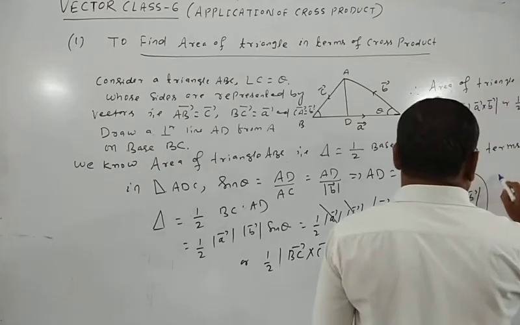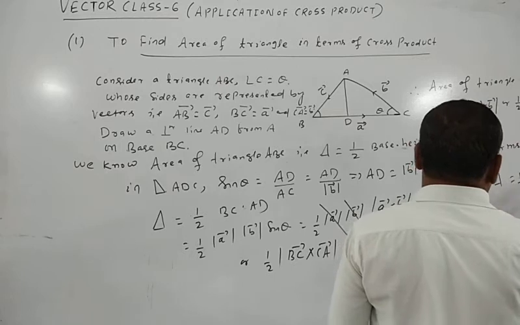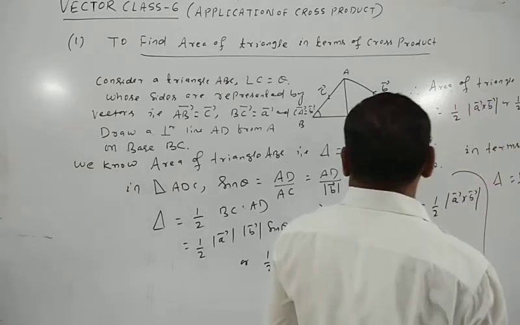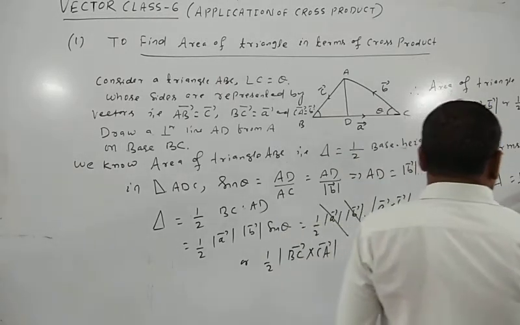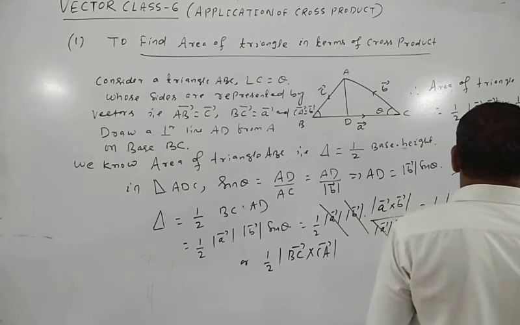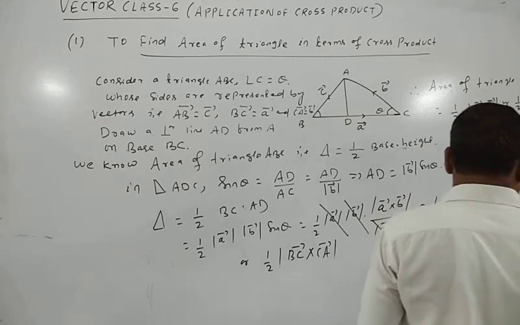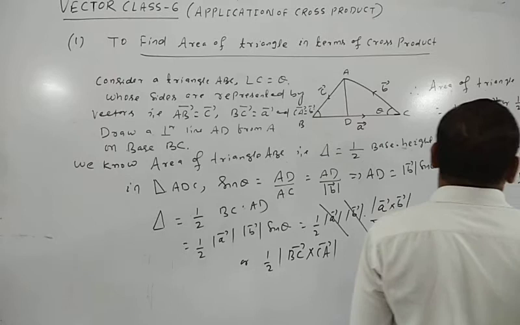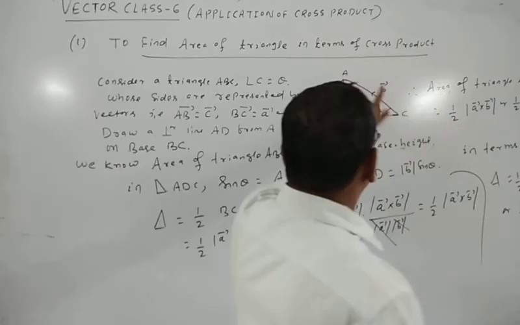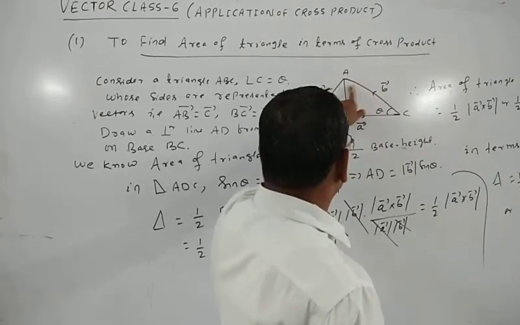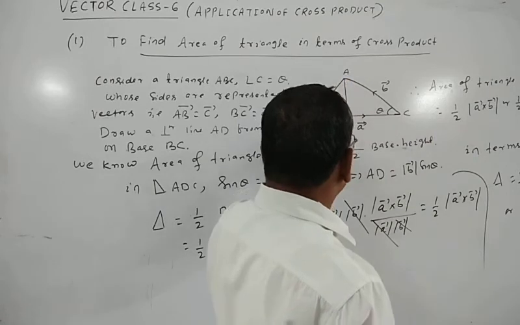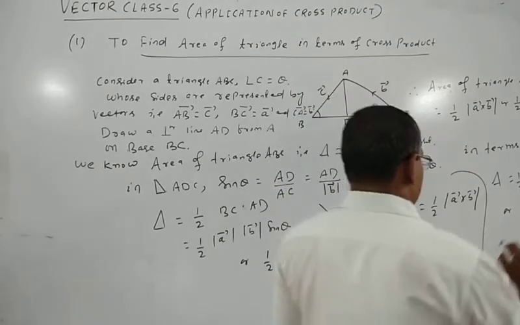it will be delta is equal to half into the magnitude of BC vector cross CA vector, or half into B vector, which means CA vector, AB vector cross AC vector.